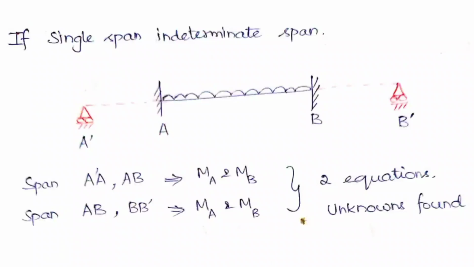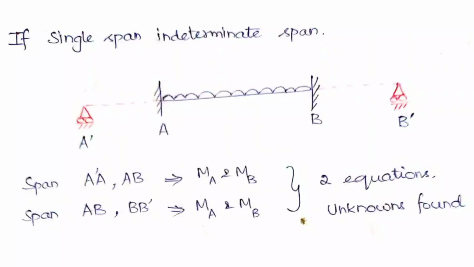And the last case is the single span beam. If a single span indeterminate beam comes, what can we do? We can consider the imaginary line both in the left and right of that beam. Here a fixed beam is given and I have considered simply supported beams on the left and also on the right, and we are going to follow the same procedure.